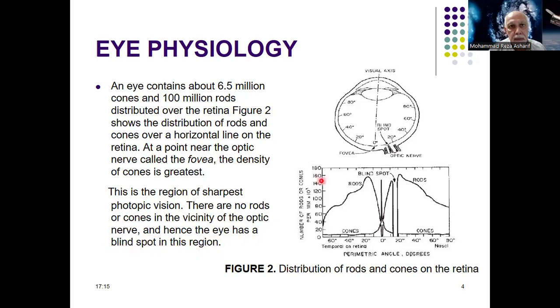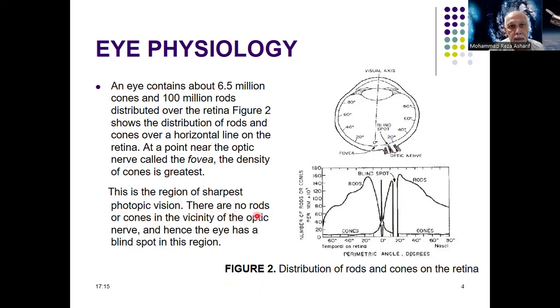So here is the blind spot, so no cell or no nerve, I mean, no cones or rods are here. This is the blind spot here, because here is the optical nerve.